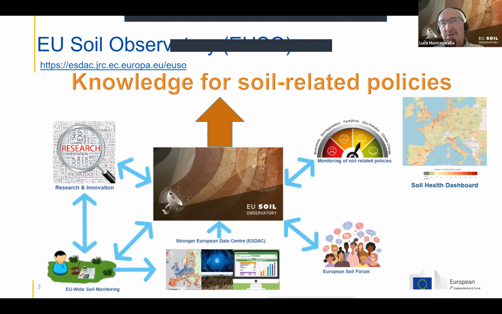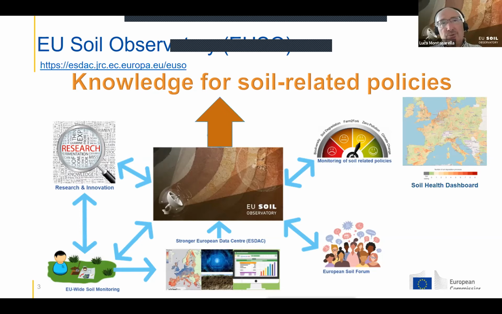Building on the data center, we proposed two years ago and have already established an EU Soil Observatory, which expands the data center capacity, particularly, first of all, by further enhancing our soil monitoring system, our data flow to the observatory. This is mostly based on our LUCAS soil monitoring system. I will say a few more words later on.